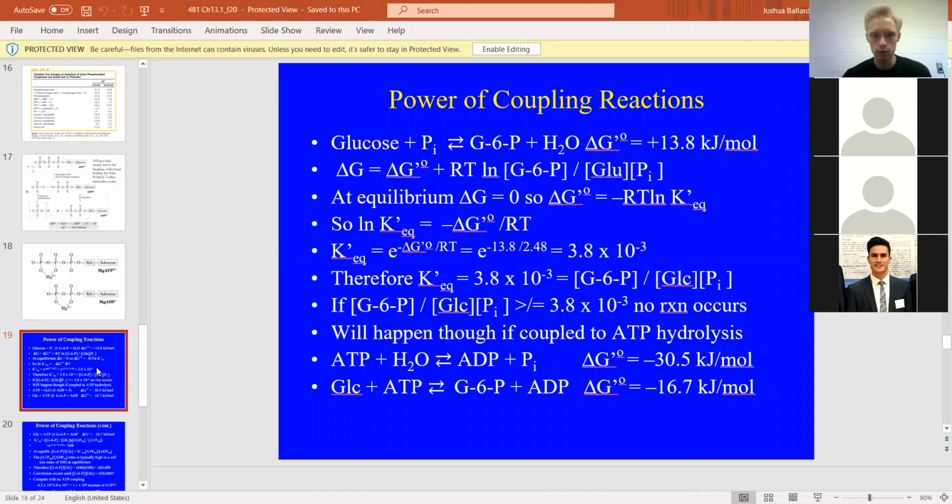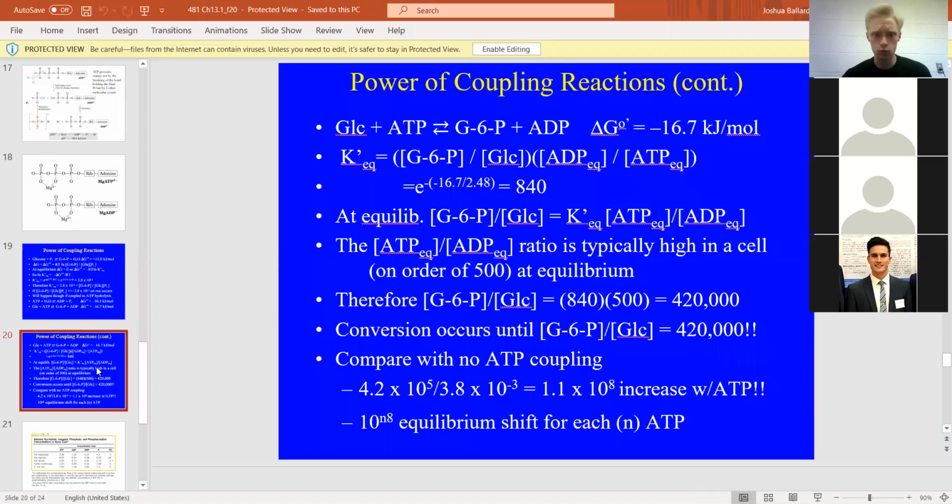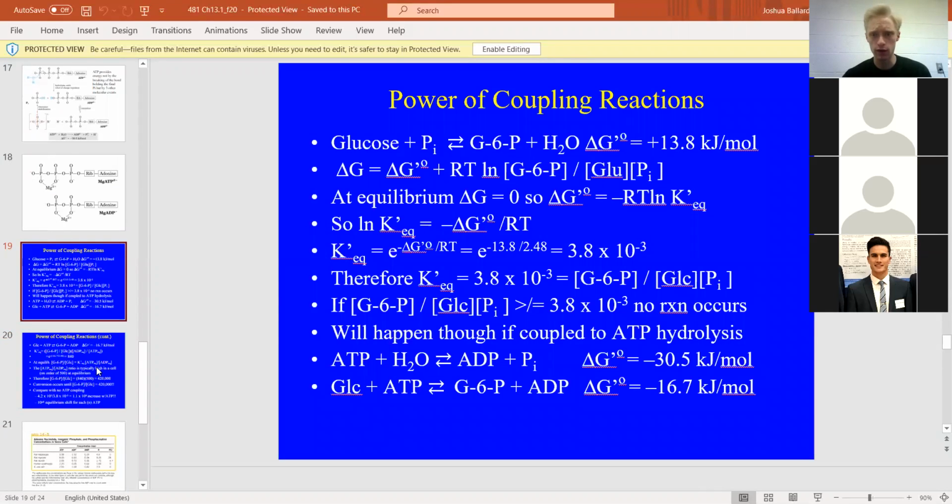This is just coupling reactions. This is important to know for the exam, knowing how to couple the reaction. So what we have here is an equilibrium constant. Overall, the equation for this reaction is glucose plus phosphate is equal to this, and the delta G prime naught is plus 13.8 kilojoules.